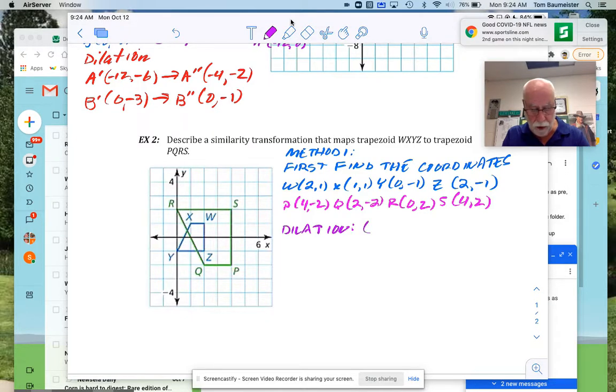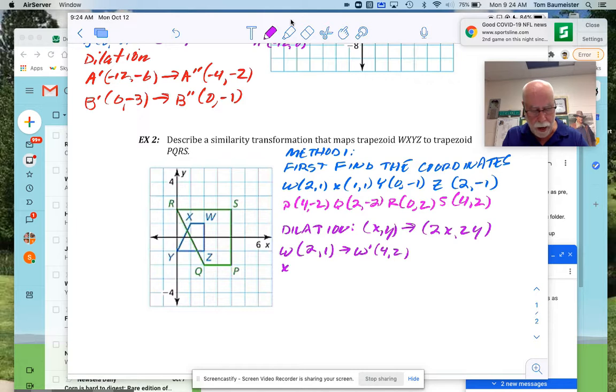Because if we look, our X and Y will go to 2X, 2Y. So if that's the case, our W, which is at 2 and 1, goes to W prime, which is at 4 and 2.